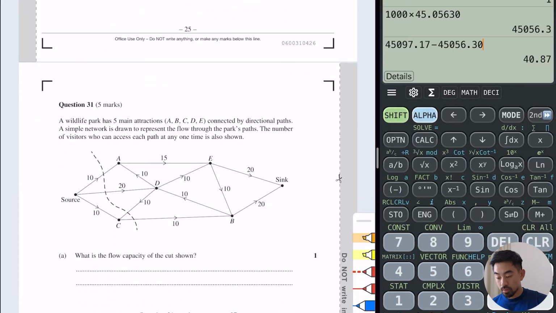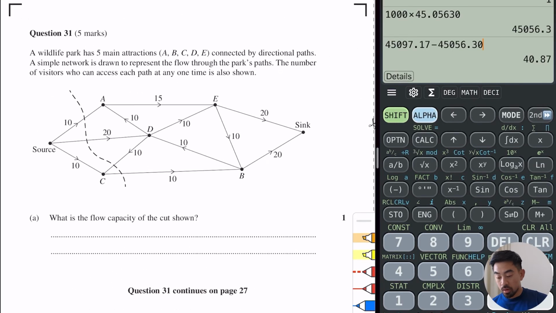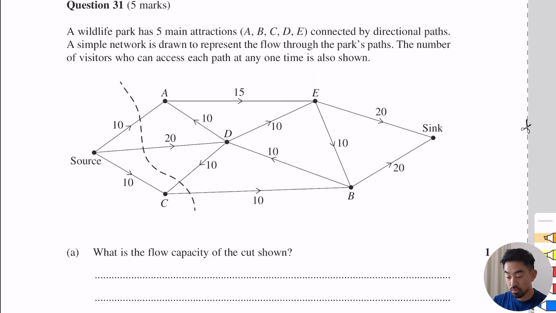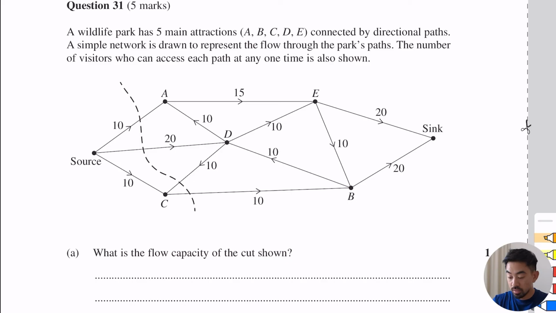Okay. Question 31. A wildlife park has 5 main attractions, A, B, C, D, E, connected by directional paths. A simple network is drawn to represent the flow through the park's paths. The number of visitors who can access each path at any one time is shown. Okay, question A, what is the capacity of the cut shown? So let's see if there's any going from bottom to top.